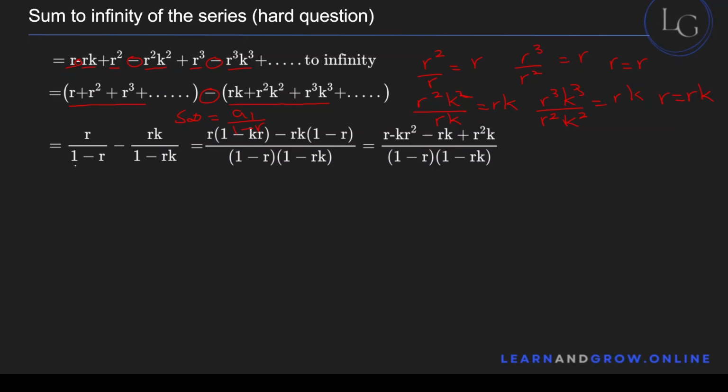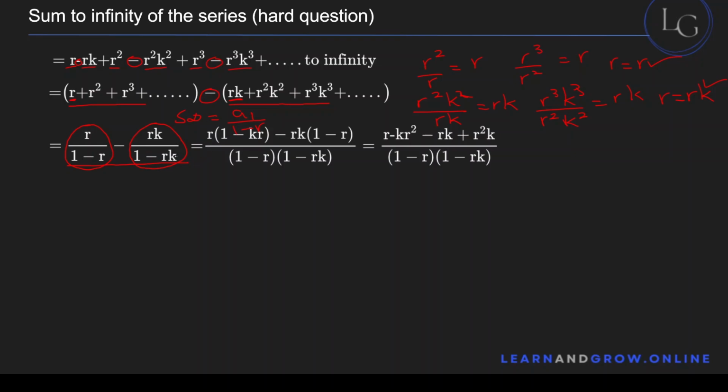The S infinity for this geometric series is this, because a1 is r, which is the first term, and the common ratio is r, so 1 minus r. And for the second geometric series, you have this, because the first term is rk, so a1 is rk, and r is also rk, which means that it becomes rk over 1 minus rk when you apply this formula.